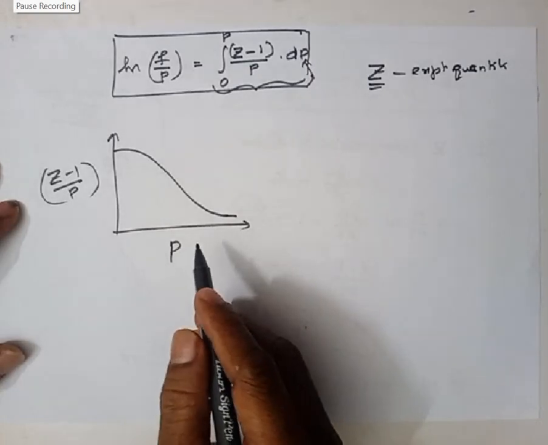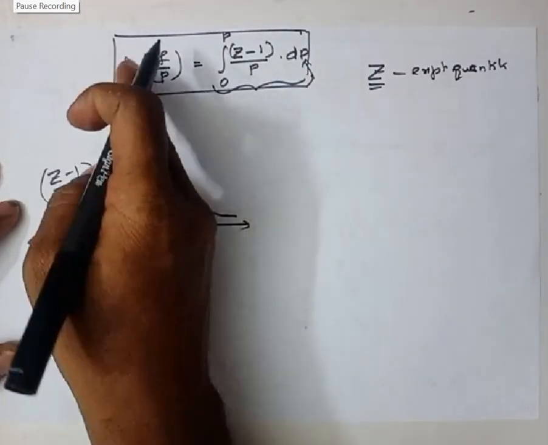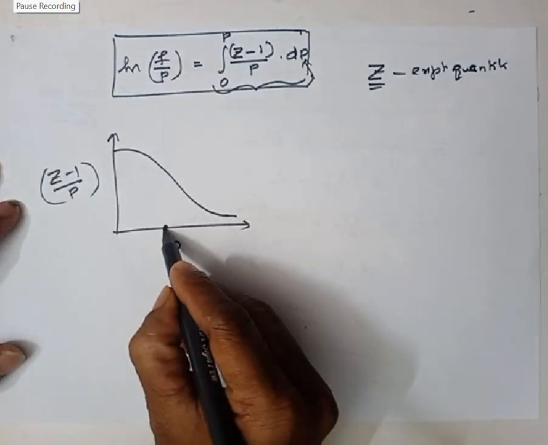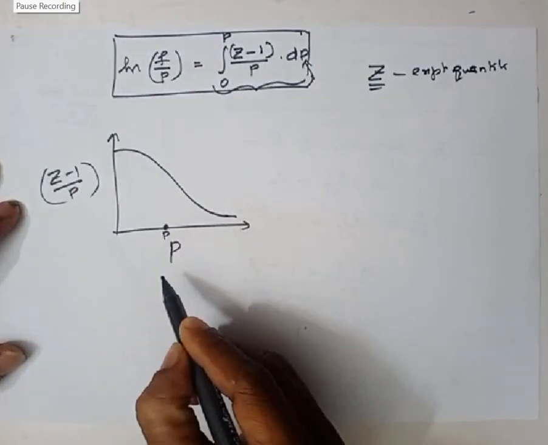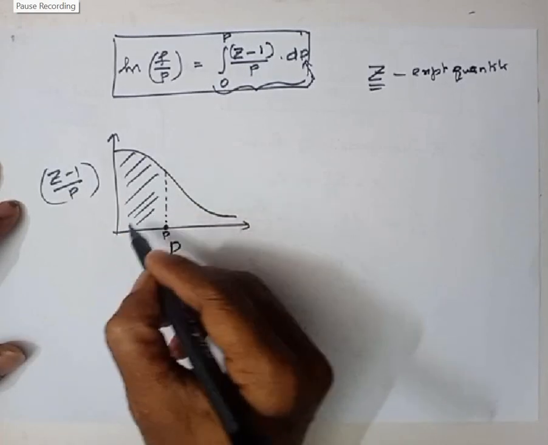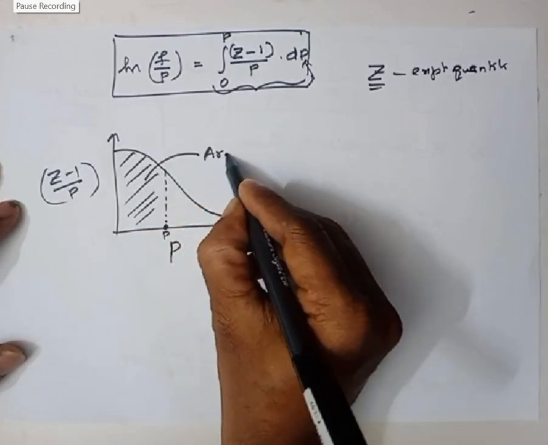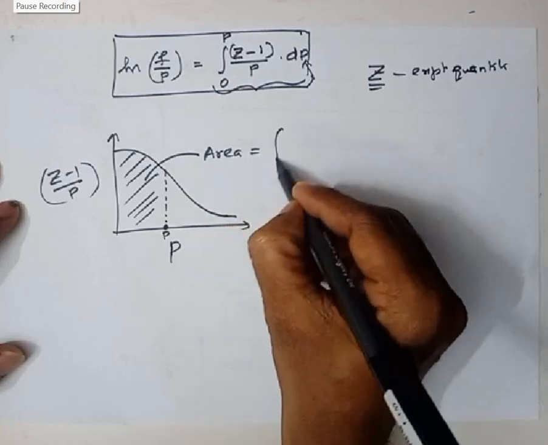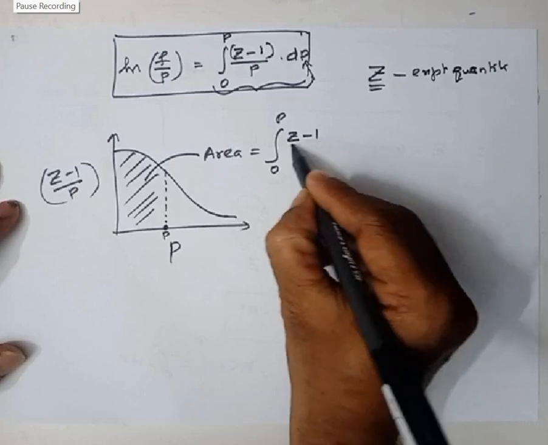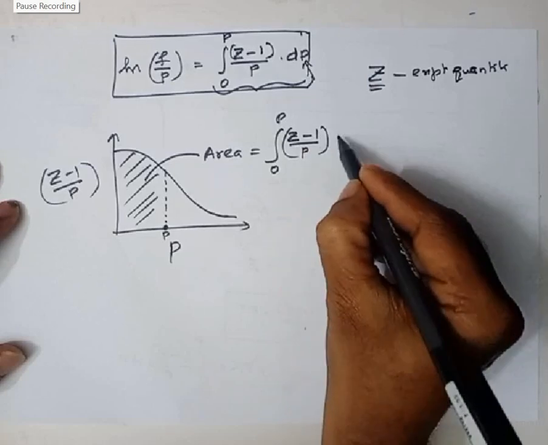Now, at what pressure you want the fugacity? Suppose I want fugacity at this pressure P, then draw a straight line here and find out the area under this curve. This area is equal to the integral 0 to P of compressibility factor Z minus 1 by P into dP.